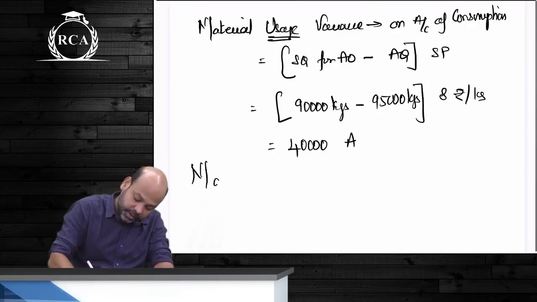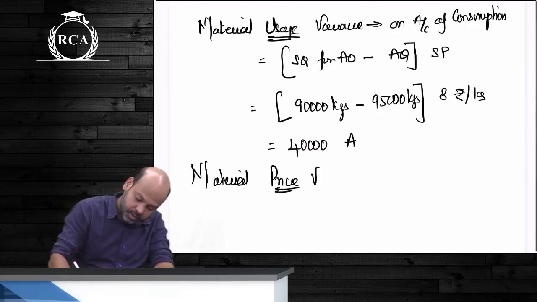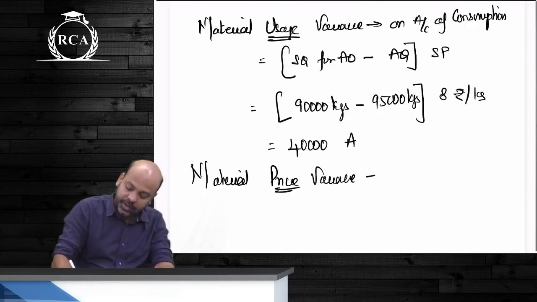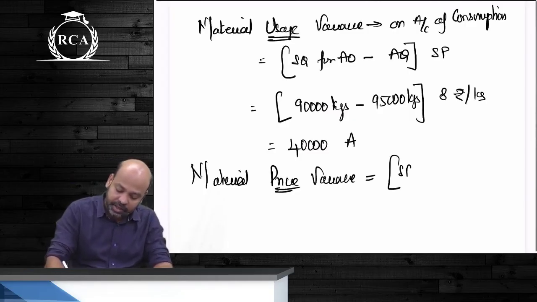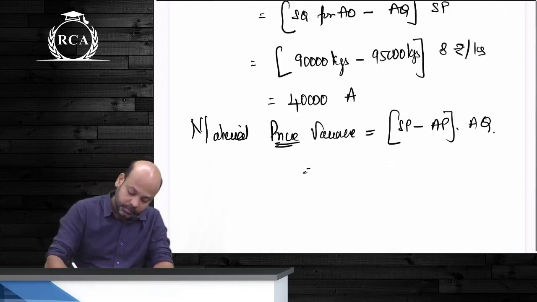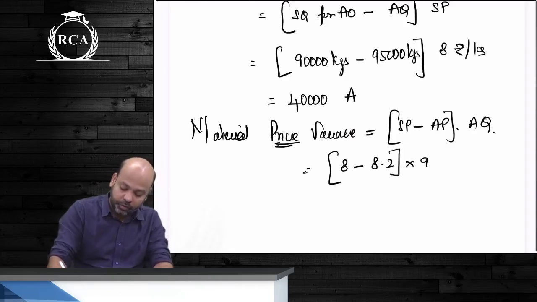Material price variance. Price variance, obviously I will compare standard price and actual price, multiply that by actual quantity or standard quantity. So 8 rupees minus 8.2, we have spent 0.2 more for a total quantity of 95,000 kgs.